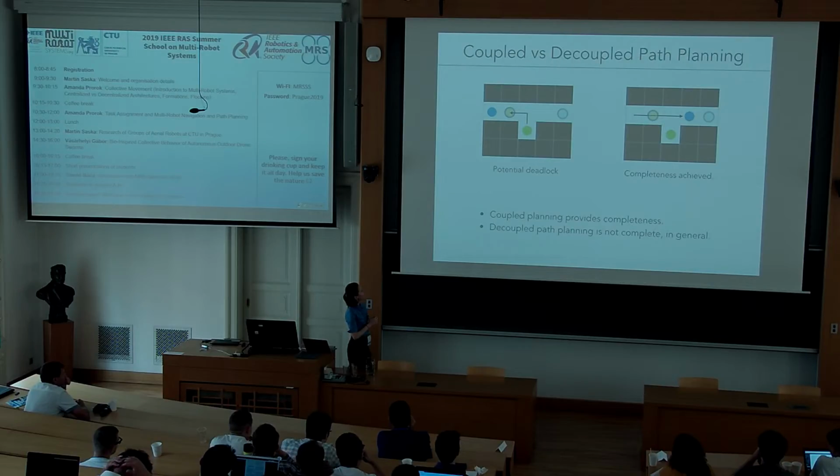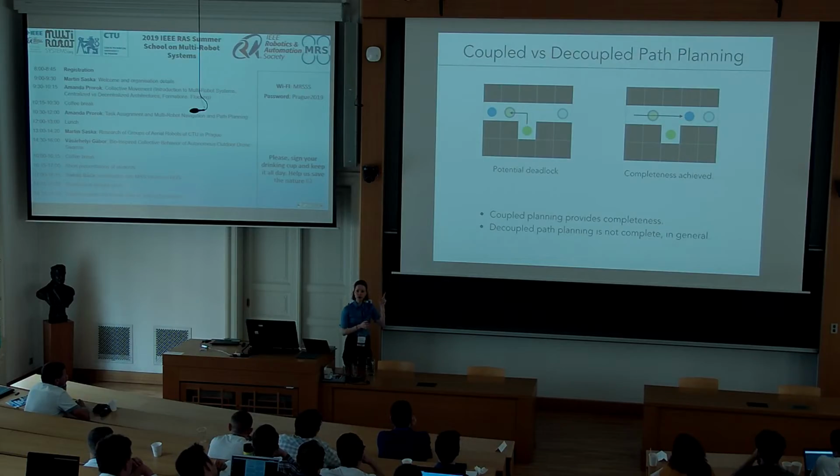Let's assume that we have a decoupled system where every robot plans individually in its own state space. And the green robot says, okay, I'm going to start moving and I'm going to reach my goal. The result of that, if you don't consider a coupling of all the robot states and all their planned actions, is that once the green robot is sitting on its goal, the blue robot is not able to reach its goal anymore, ever, right?